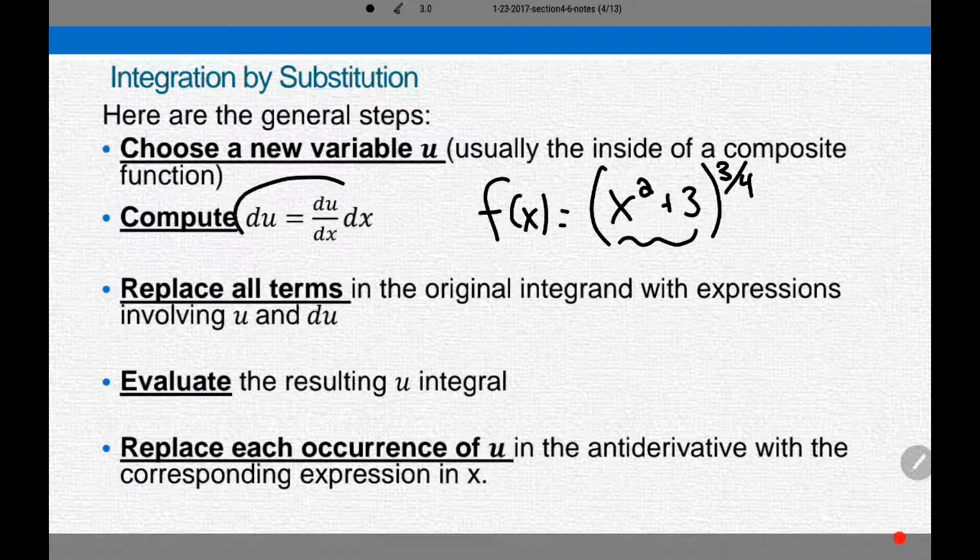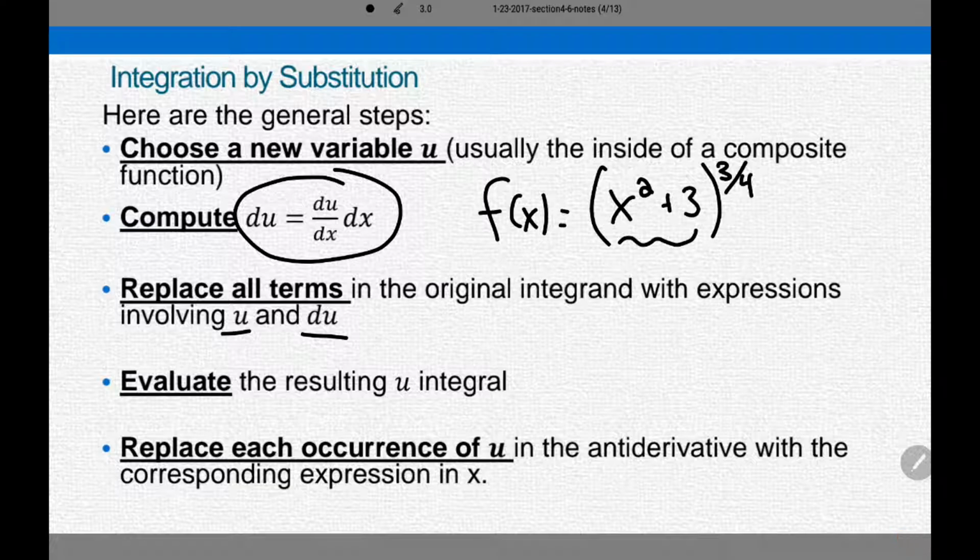So then we're going to compute the derivative of u with respect to x. And when we do our integral, we're going to replace all the terms in our original expression with u and du. And we'll see how this all works when we do a couple examples. And then evaluate the resulting integral, which will be just like the ones we've done previously.